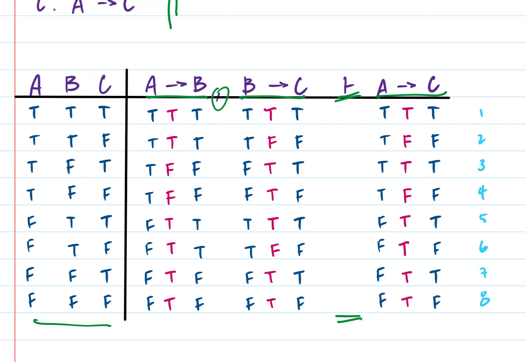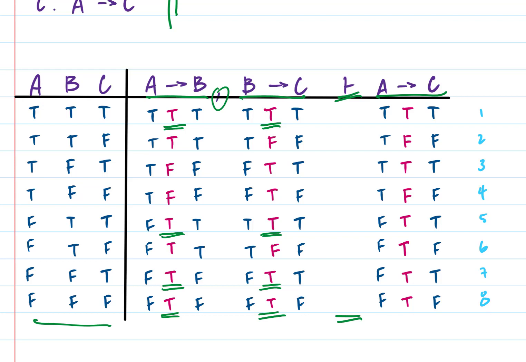Okay, so what we care about are lines where all of the premises are true. So let's begin by identifying those lines. Here and here, both premises are true. Here and here, here, and then line 8.